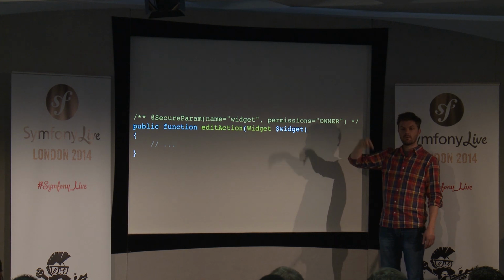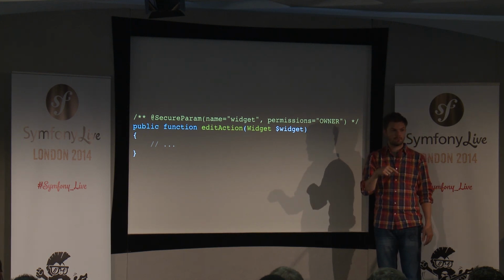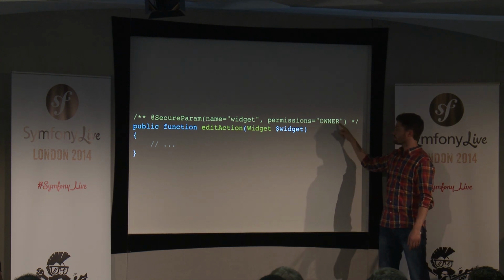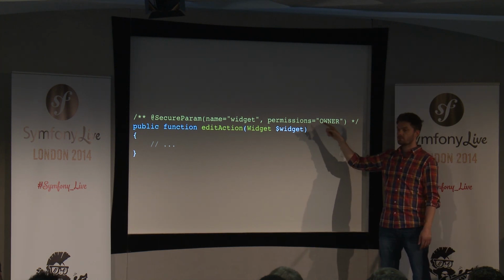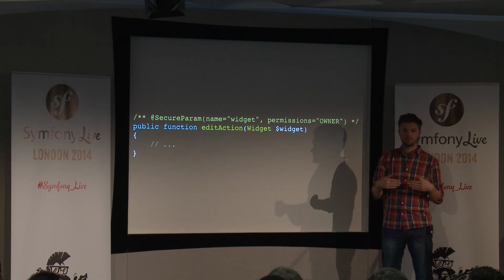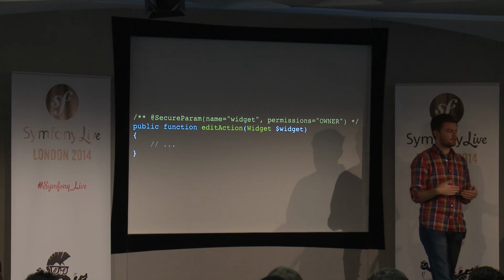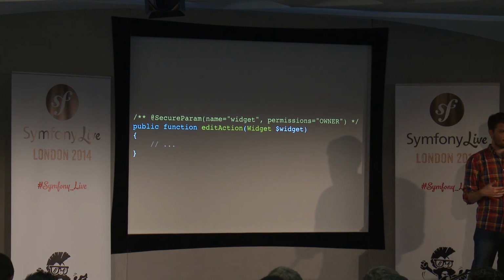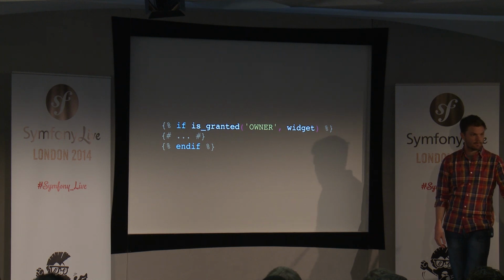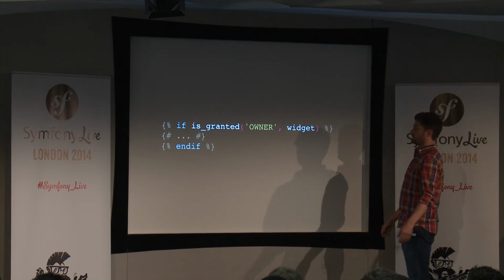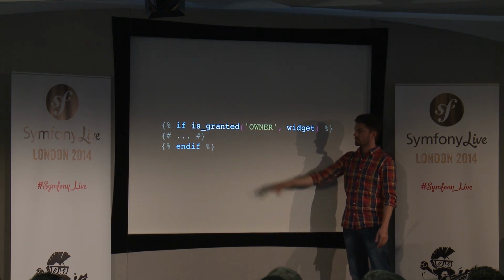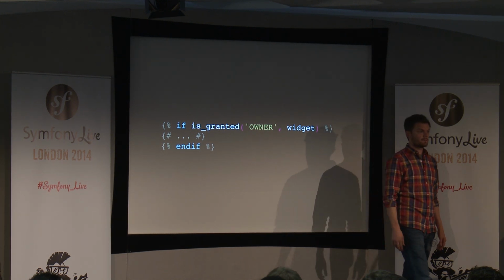Then this would tie back to that voter that I just showed you, so that whenever the owner permission is requested, it's going to, behind the scenes, check to make sure that the current user is the owner of that widget using the logic in the voter. Similarly, in your template, you can ask if the current user is the owner of this particular object, and then add something to your template there.